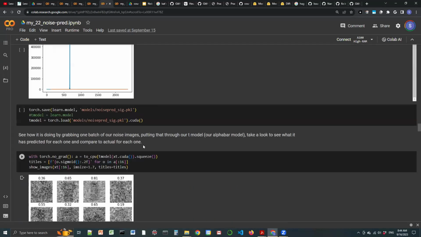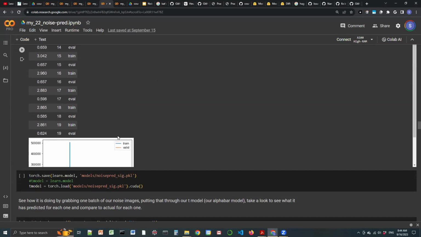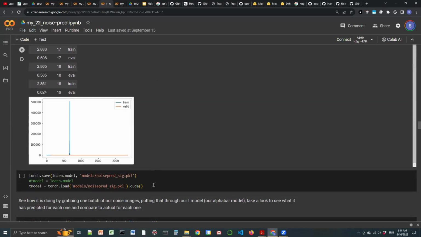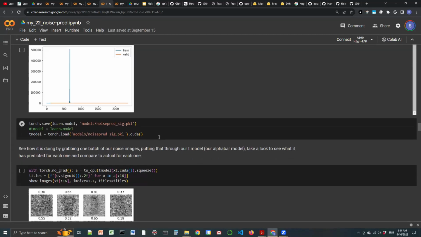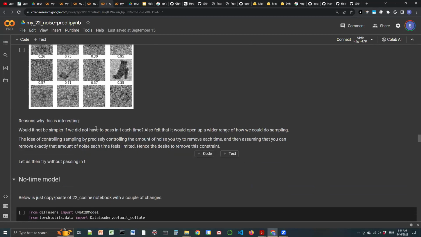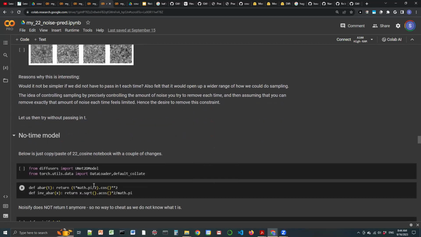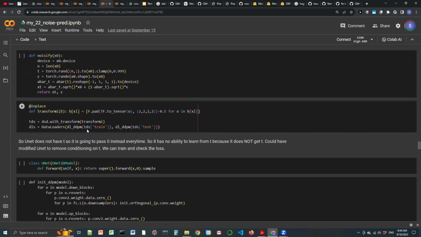So somehow this network is unable to learn well what he wants it to learn. That is, when you're passing in without the noise, it doesn't learn well. But in his case, he then actually trains the model using a cosine scheduler, noisify.